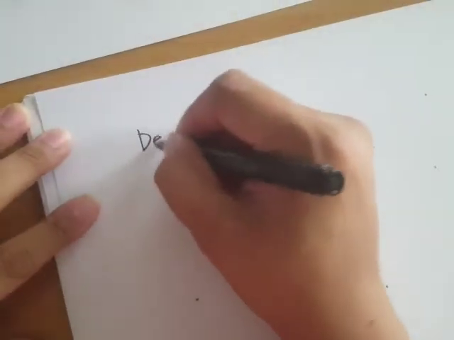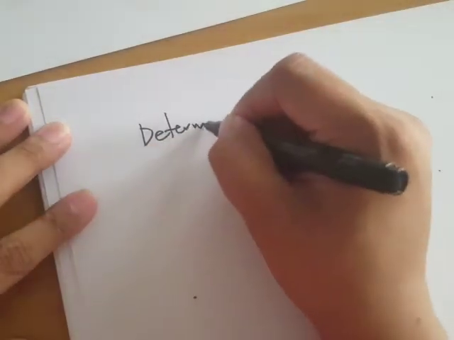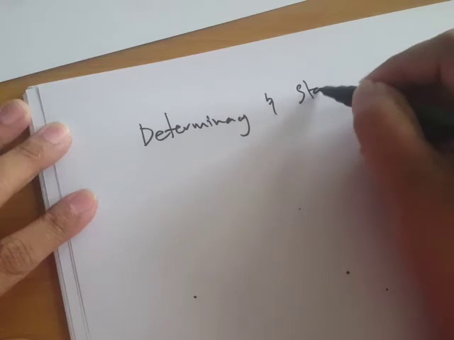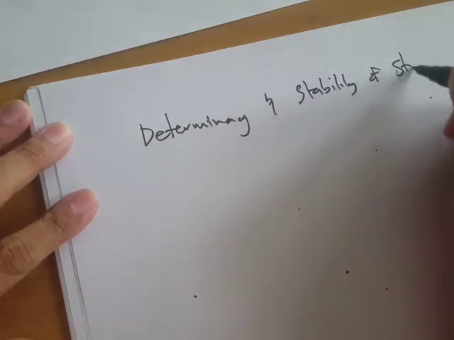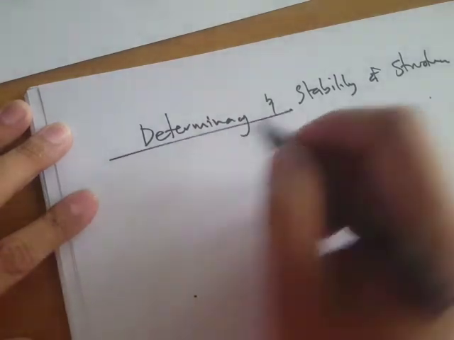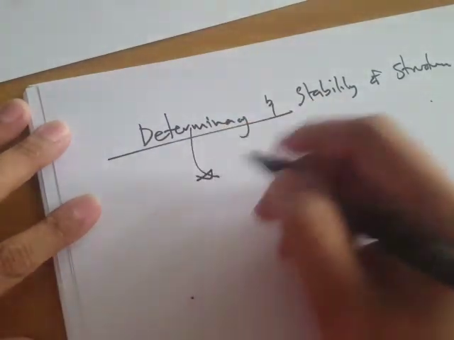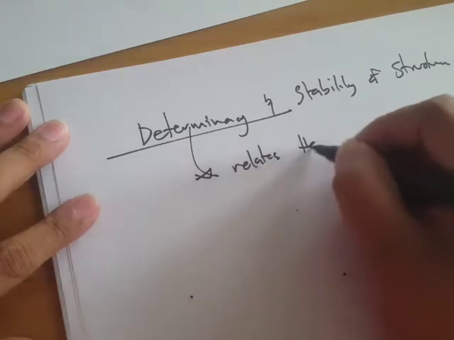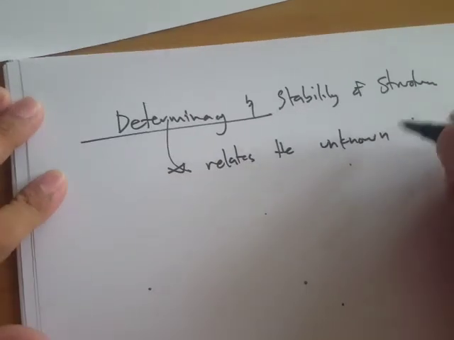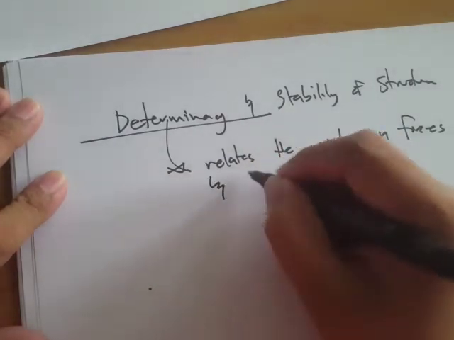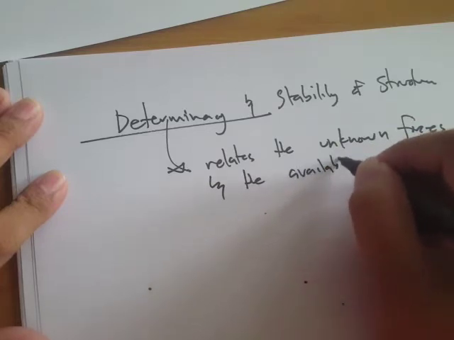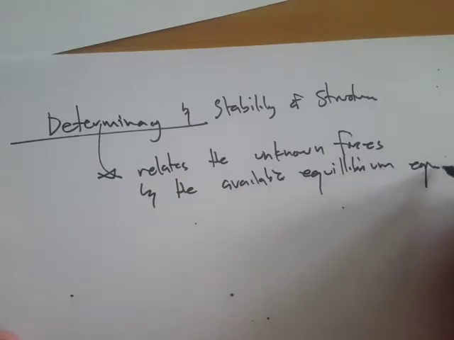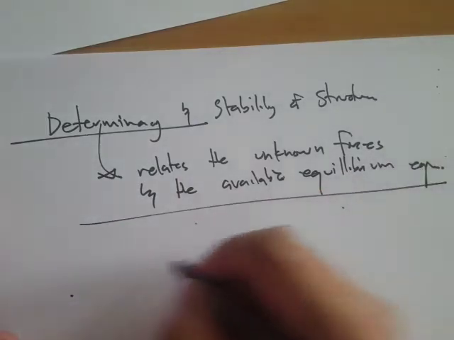Okay, so now let's move on to the determinacy and stability of structures. Determinacy is basically relating the unknown forces and the available equilibrium equations. So how many equilibrium equations do we have?